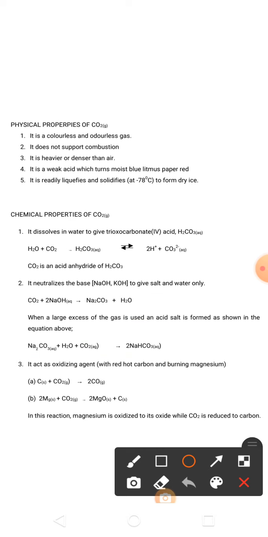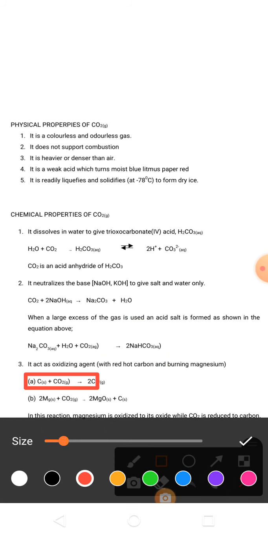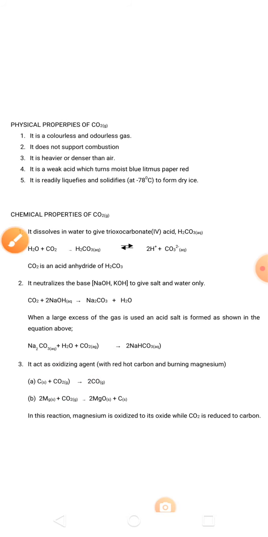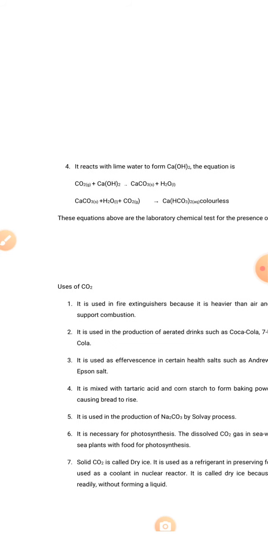So here in this equation, you see CO2 oxidizing carbon to carbon monoxide, but CO2 is reduced. And the same for the equation Mg plus CO2 giving you MgO plus C. So, that is the reaction. Let's go on to the next one.